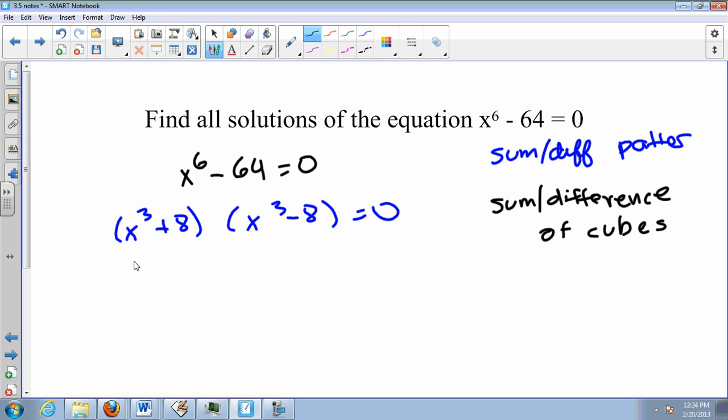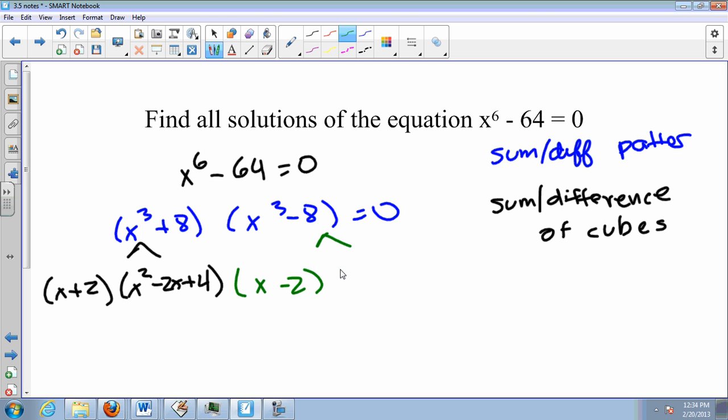So x cubed plus 8 will factor into x plus 2 times x squared minus 2x plus 4. And x cubed minus 8 factors into x minus 2 times x squared plus 2x plus 4.